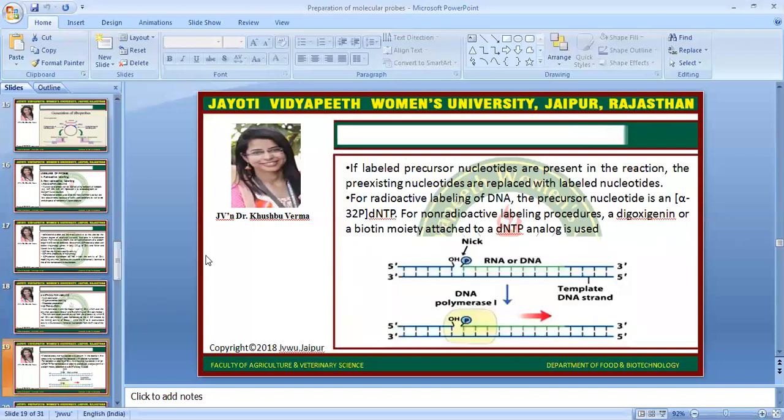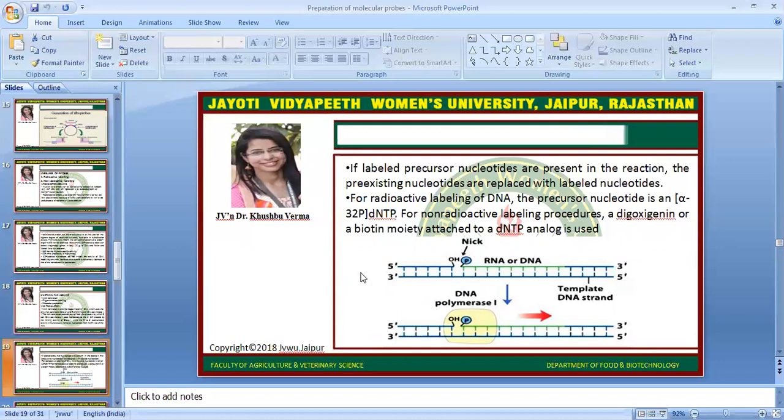If labeled precursor nucleotides are present in the reaction, the pre-existing nucleotides are replaced with the labeled nucleotides. For radioactive labeling of DNA, the precursor nucleotide is a dNTP labeled with alpha 32P, and for non-radioactive labeling procedures, digoxigenin or a biotin moiety attached to a dNTP analog is used.